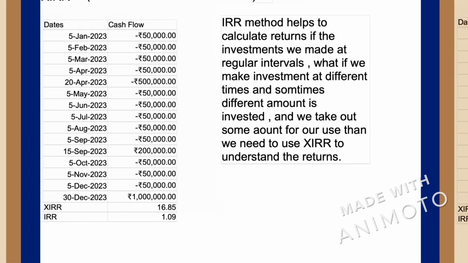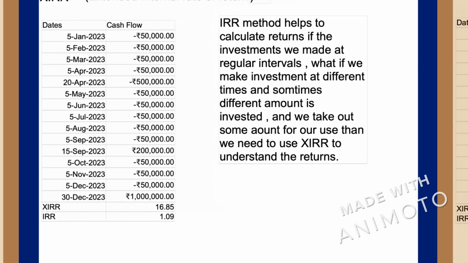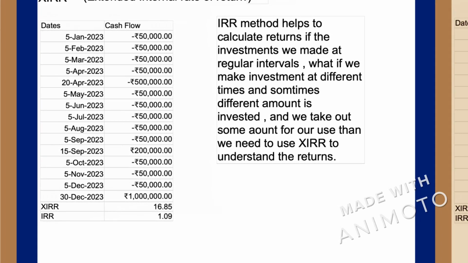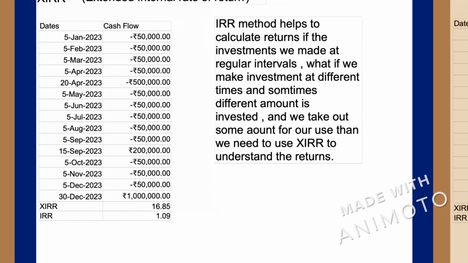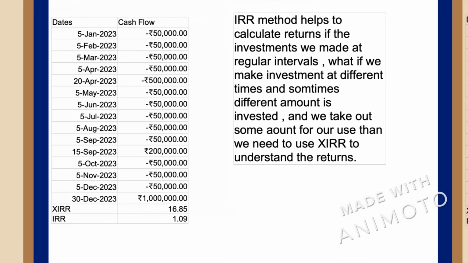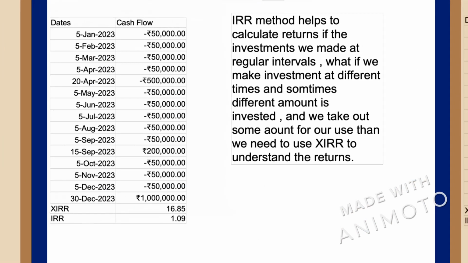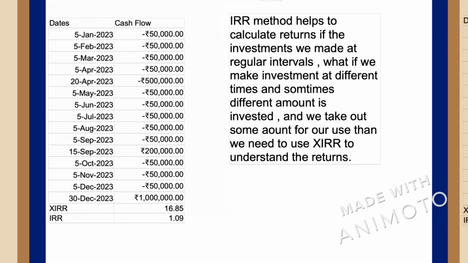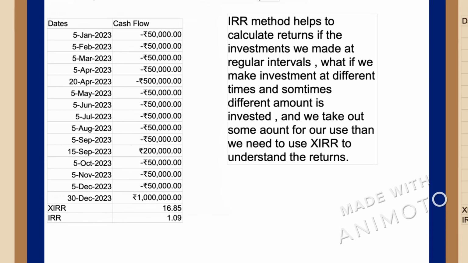Now we wanted to know how much we have made from this investment in the year's time. Has this investment given us a positive return, or was it a failure? If we go by the IRR formula, we'll get a return of just 1.09%, which is again not the required result, because it has not taken into account the money that was taken out, or any other kind of investment.